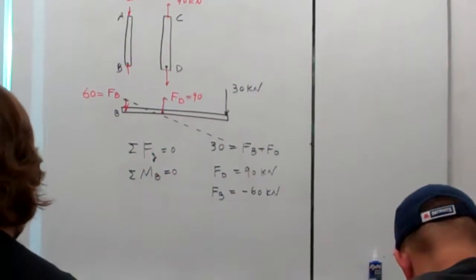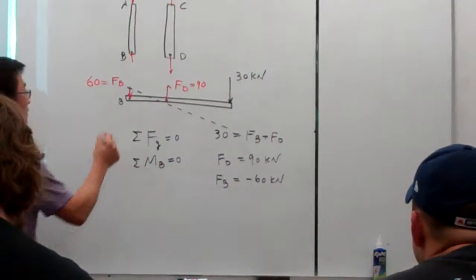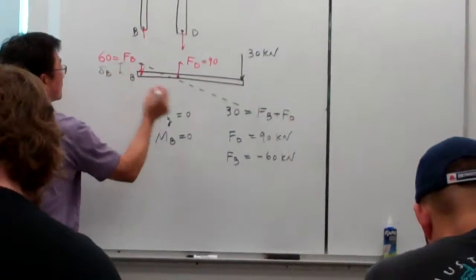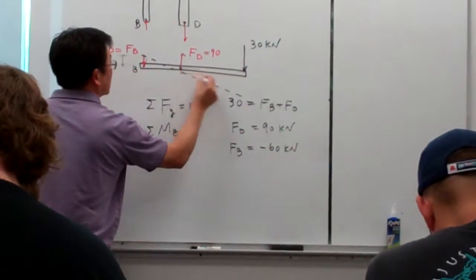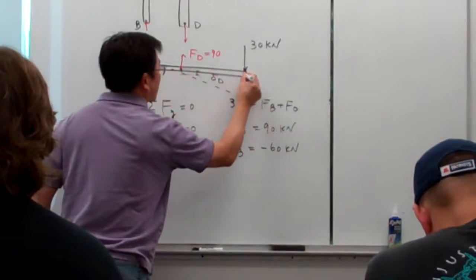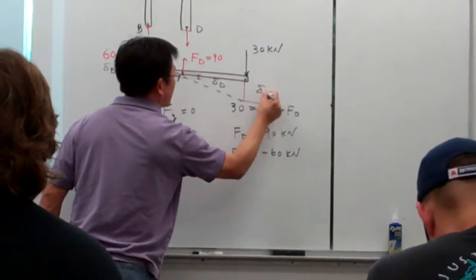I'm exaggerating the tilting of the bar. This distance is delta B, the distance from here is delta D, and from here to here is delta E.